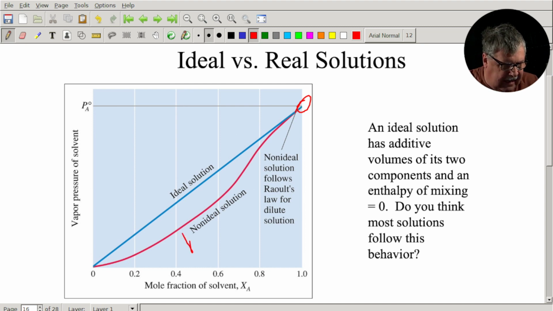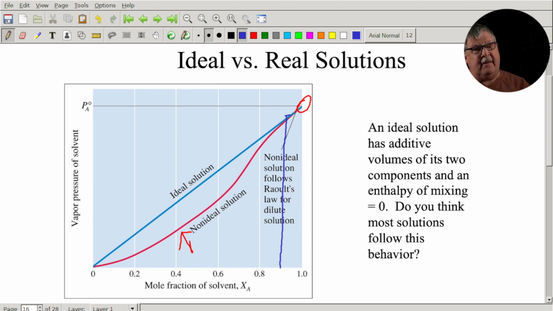That's what this trace down here represents, the deviation between ideal and non-ideal. And so here's what we can think about. If we look at this graph a little bit more closely, what we see is that the deviation is least when the mole fraction of the solvent is high.